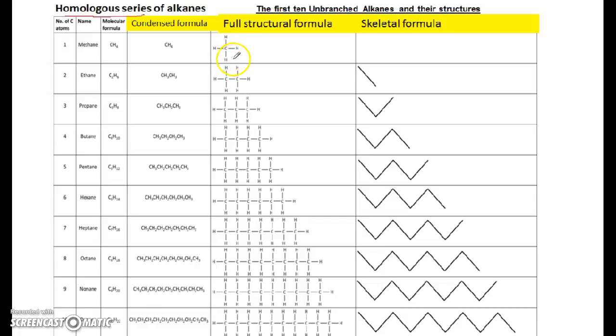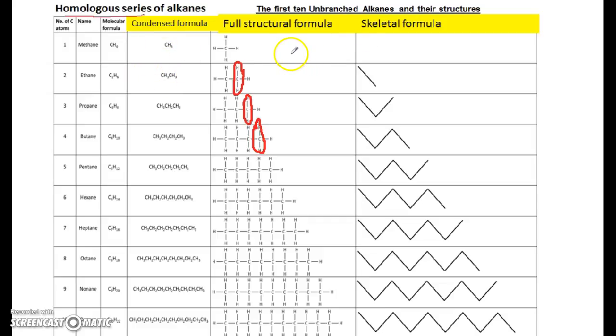So CH4 and then C2H6, you've added an extra CH2 group. The third member in the series is propane, which has added another CH2 group, butane, another CH2 group, and so on.